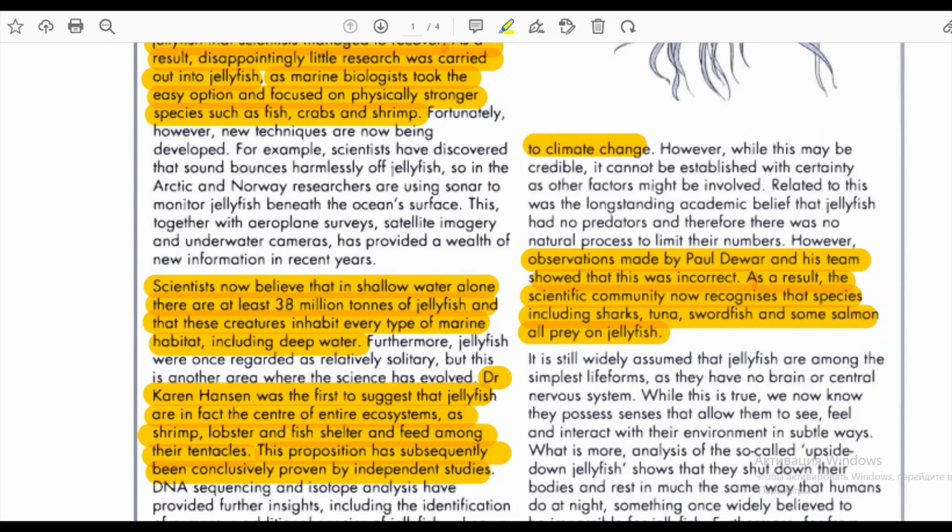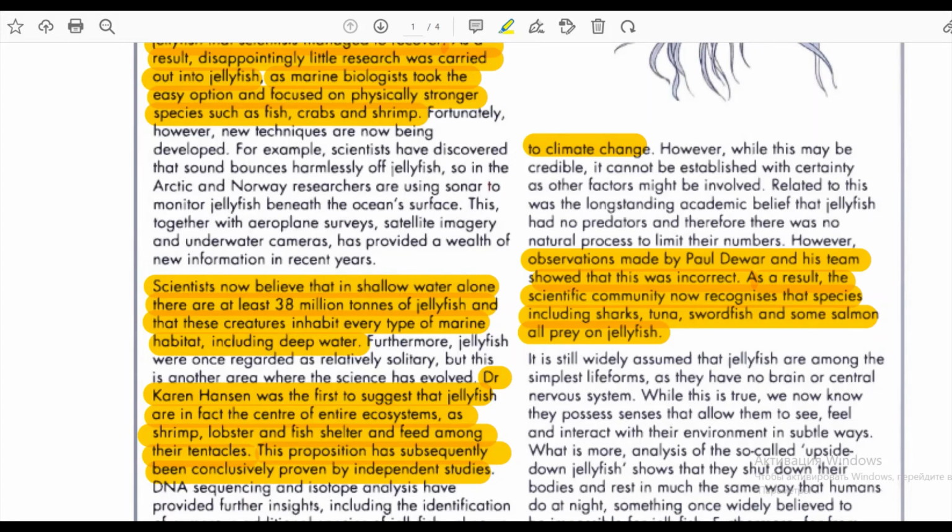As a result, the scientific community now recognizes that species including sharks, tuna, swordfish, and some salmon all prey on jellyfish.